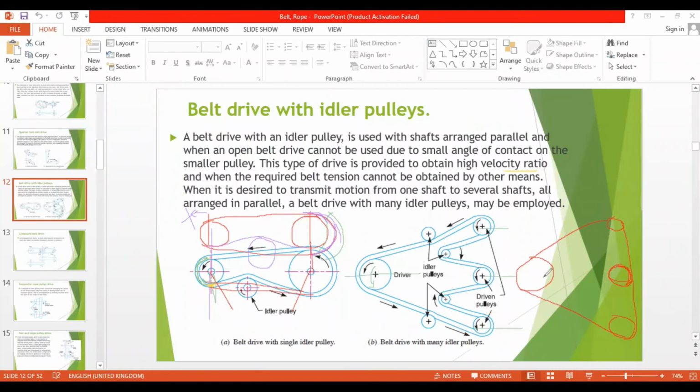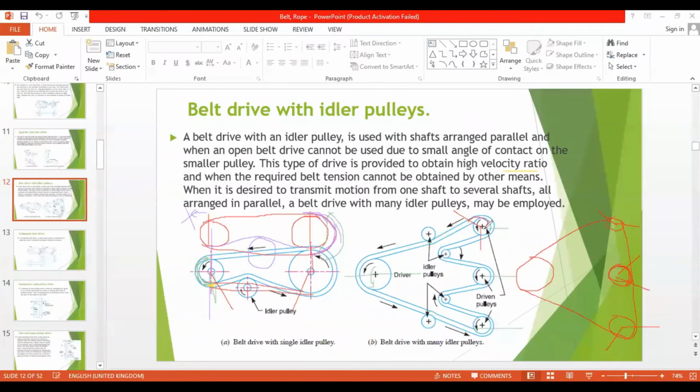So in this case, if you see, the angle of contact in this pulley is from there to there, right? For this pulley, it is from here to here. So this is all the angle of contact. But if I insert two idler pulleys here, you see the angle of contact is from here to here, right?